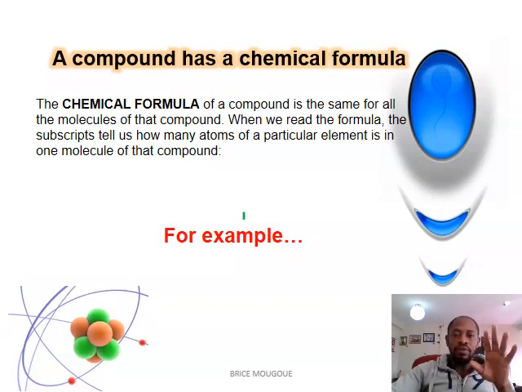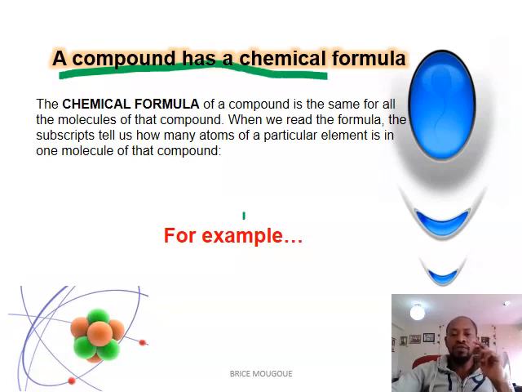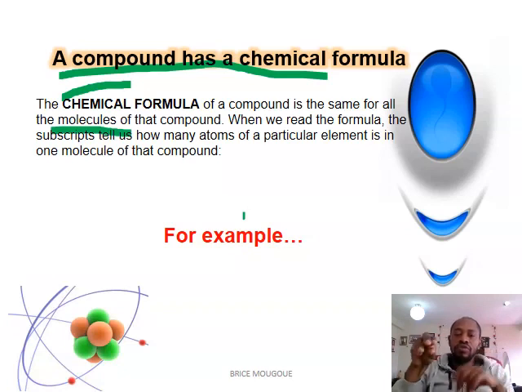A compound hence gets a chemical formula. And notice, like I said earlier, a compound is made up of molecules. And a molecule of a compound is a representative of the whole compound itself.